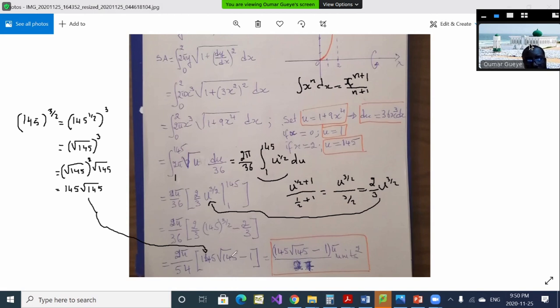This step is obtained from this calculation here. Is it okay? Any question?